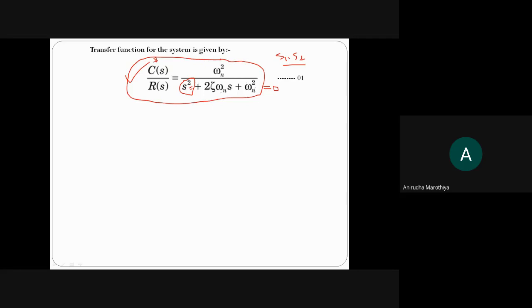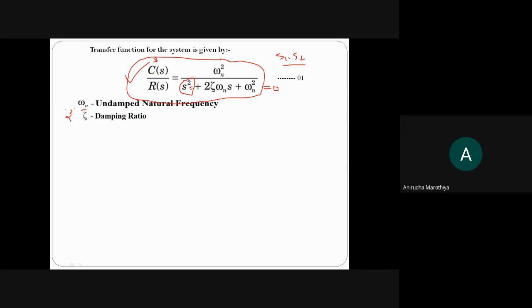Omega n square upon s square plus twice zeta omega n s plus omega n square, where this omega n is called the undamped natural frequency, or simply you can say it is the natural frequency of oscillation, and the unit is radian per second. And zeta is called the damping ratio. You may use this symbol or you may use this particular symbol.